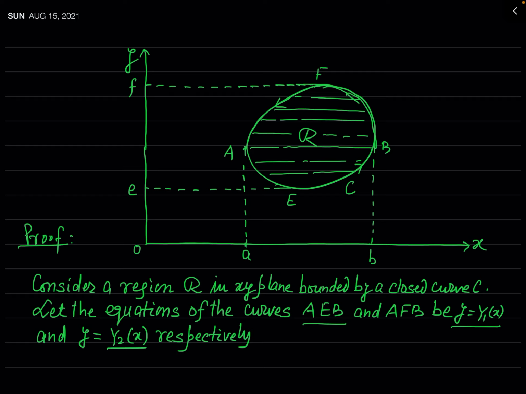So finally you can say that y equal to Y1 of x is the equation of the curve AEB, and y equal to Y2 of x is the equation of the curve AFB. AEB and AFB when combined give the closed curve C.